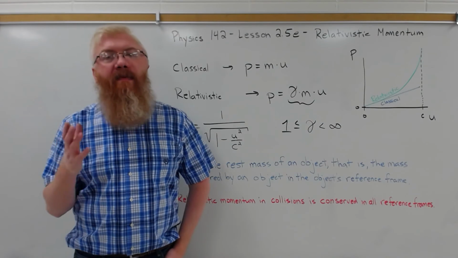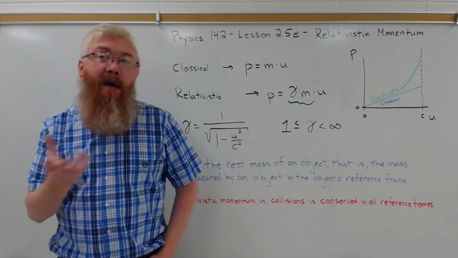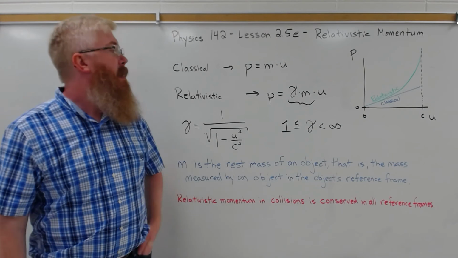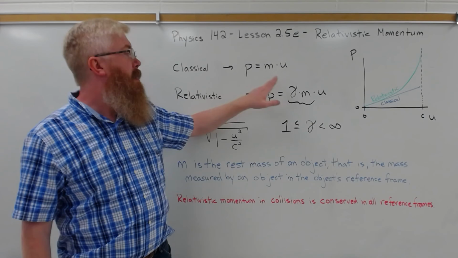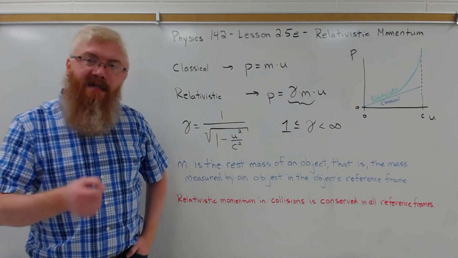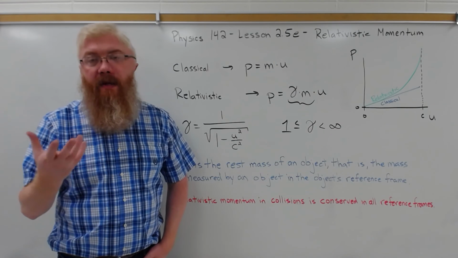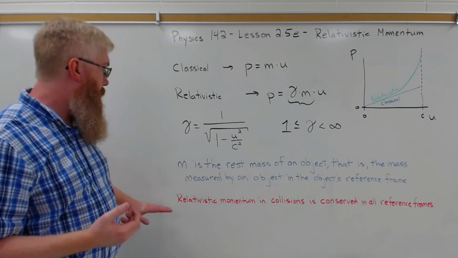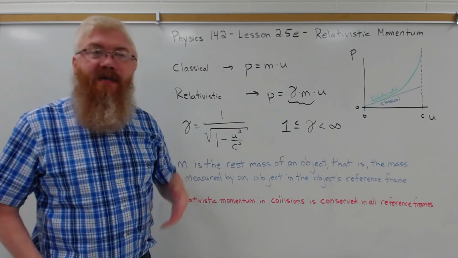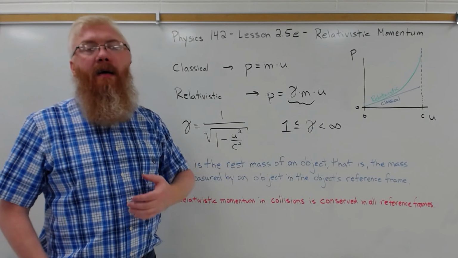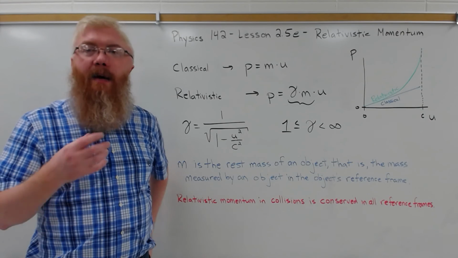This is an old way of thinking about things, and you'll still find books that talk about it that way. Conceptually it might be useful, but realize that it's an outdated method. The mass we see here is the rest mass of the object, the mass in the observer's reference frame. So while it might appear that mass increases as an object moves, we don't care about that. We care about the rest mass of the object in our reference frame.